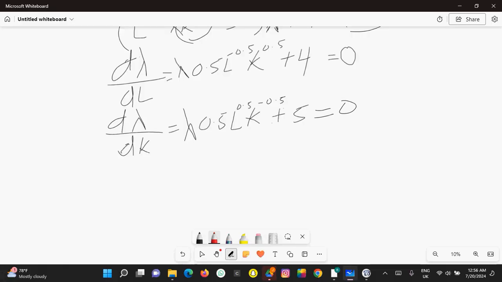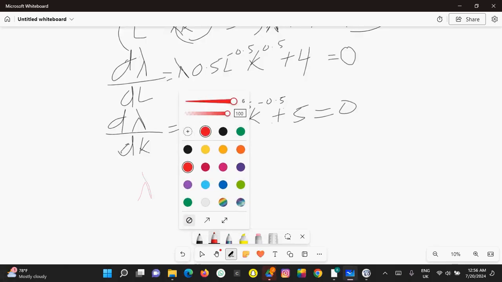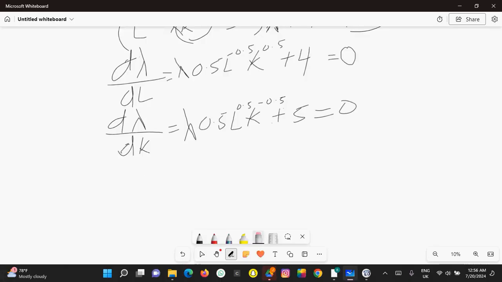Now we eliminate the 0 and equate it to negative 4.